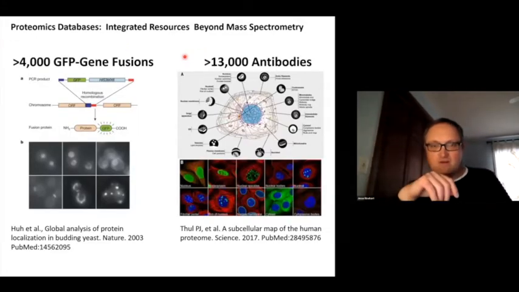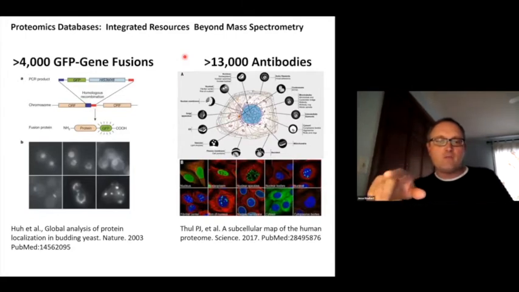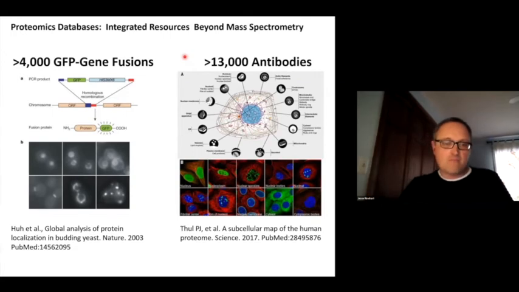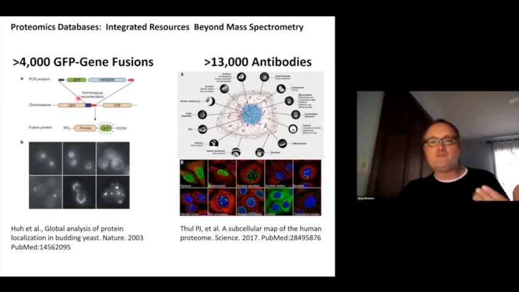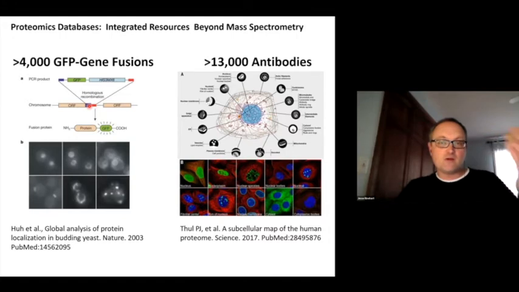So I'm comparing here two studies, one that I mentioned very briefly done in yeast. This is a classic study where a green fluorescent protein was fused to every open reading frame in a yeast cell. That means if the protein was being expressed, the yeast would glow green. You could take a picture of that and you'd answer two things.